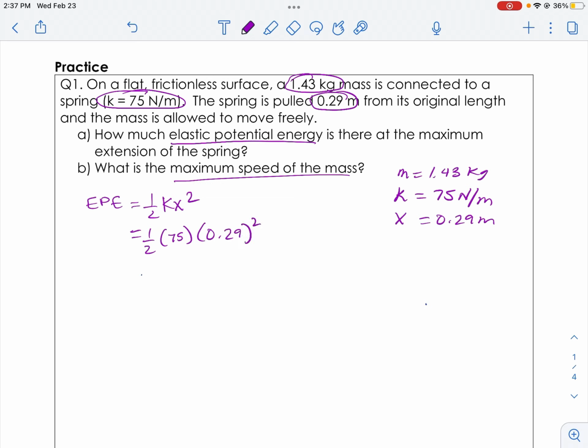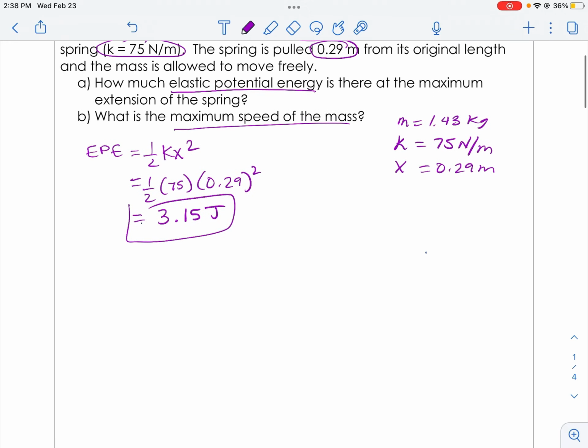You can't forget about the squared. That's the most easily forgotten part. People just forget to square it. So we get 3.15 joules.